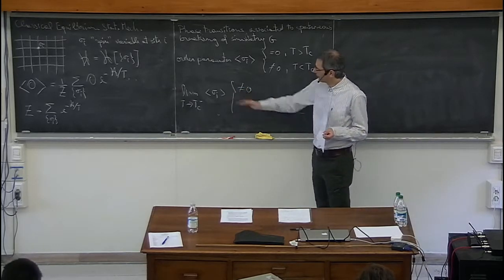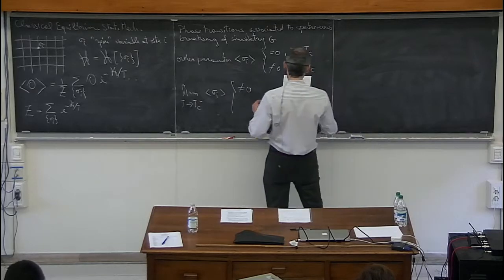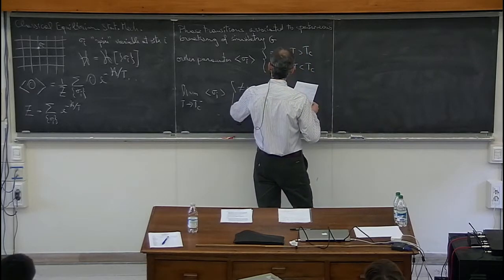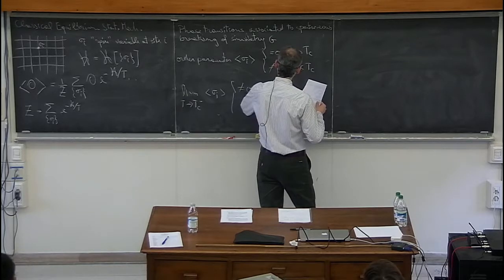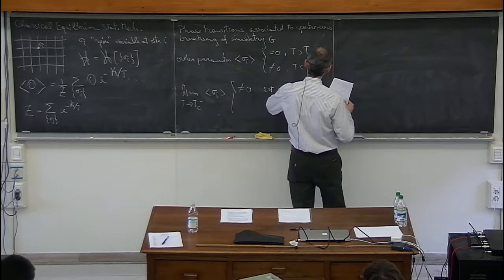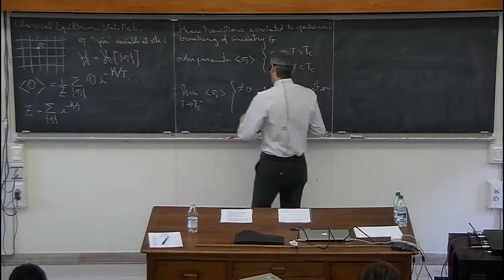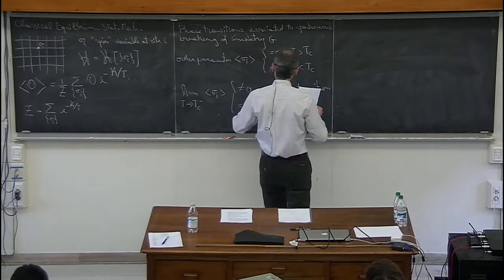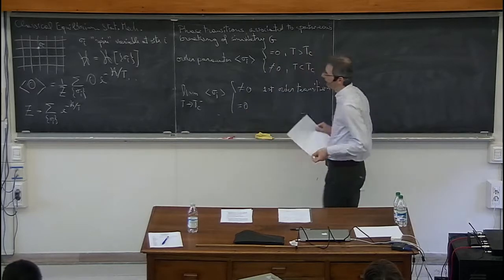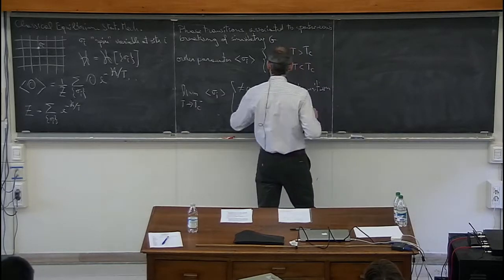This means that the order parameter is discontinuous at Tc. And so we say that this is a first order transition. If instead this is 0, we have a second order, or more generally continuous transition.